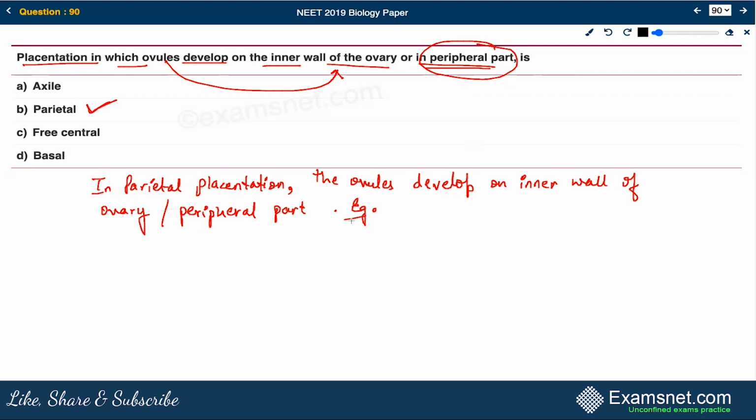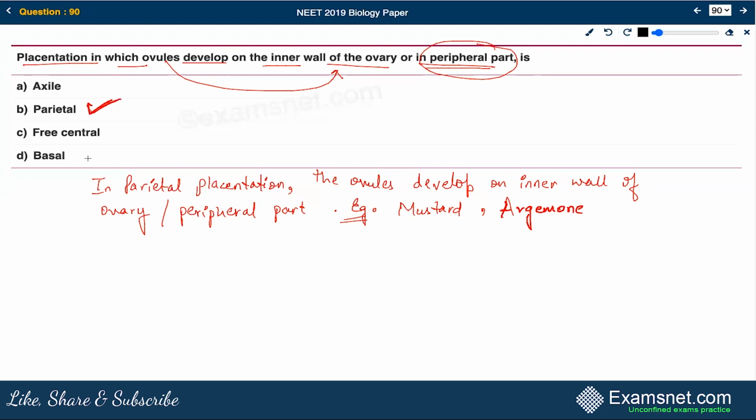Examples include Argemone mexicana. All right. So this is the case. So that's why the correct answer will be parietal placentation.